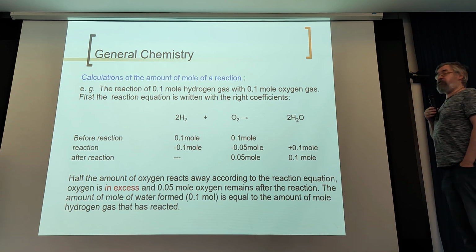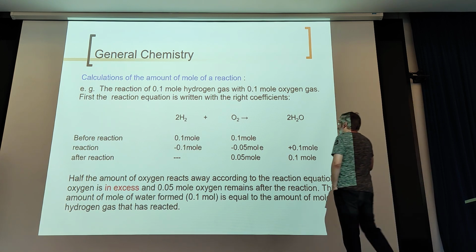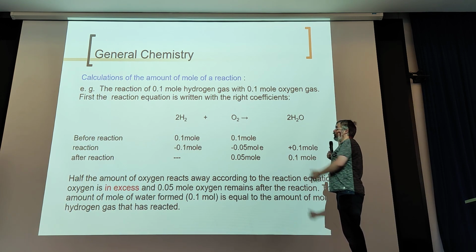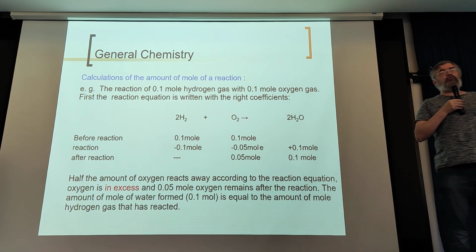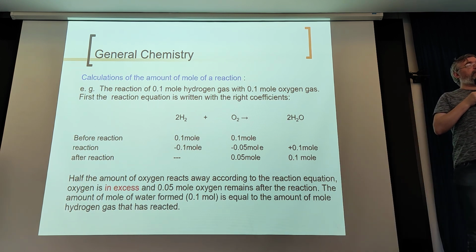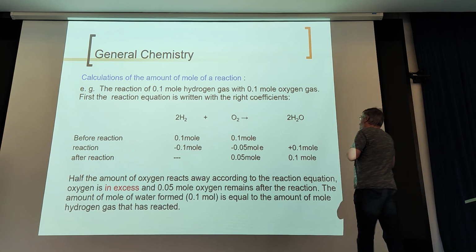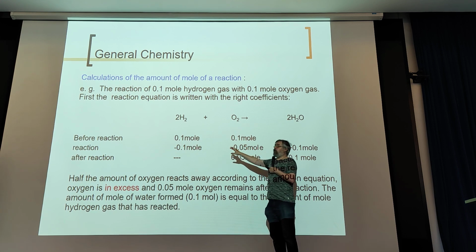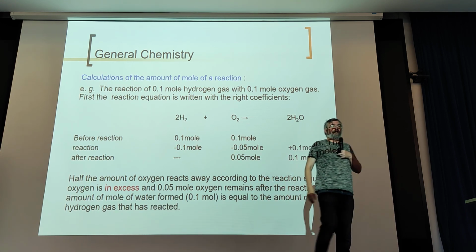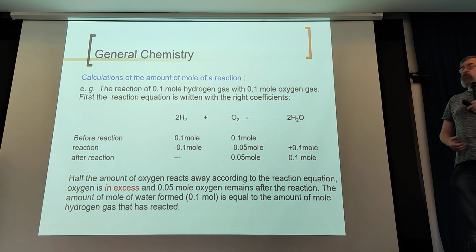And then we see what is happening. The first thing that you see is that the reaction would require a 2-to-1 ratio of the reactants in order to be able to react. That means one reagent is in excess, because for the 0.1 moles of hydrogen to react, we need only half of that, so 50 millimoles.